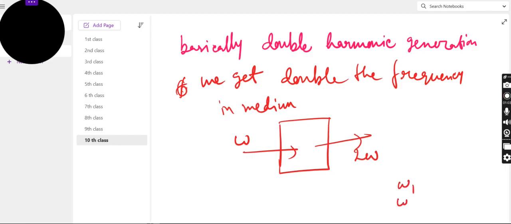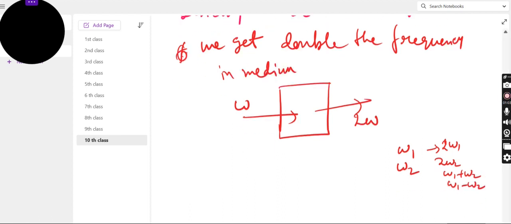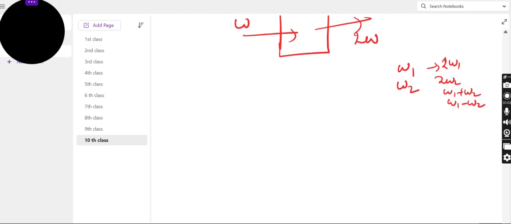If we have omega 1 and omega 2, we get 2 omega 1, 2 omega 2, omega 1 plus omega 2, omega 1 minus omega 2, and everything in between. If we use a single omega, then we get 2 omega and 0 also.